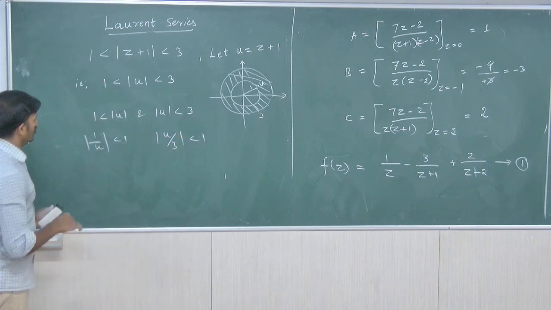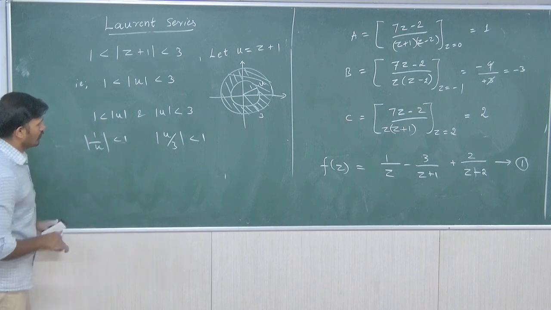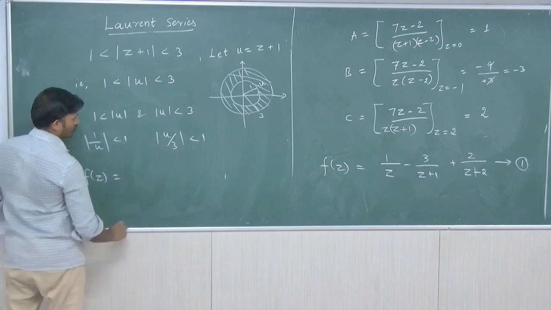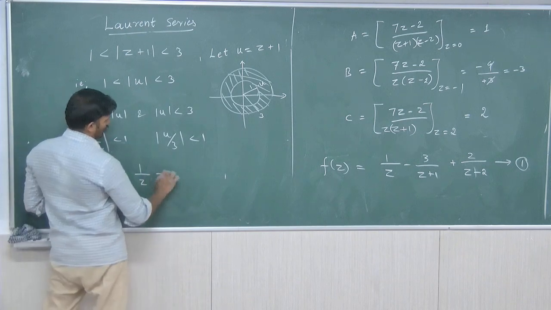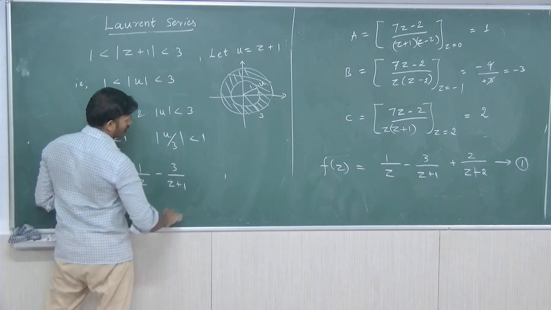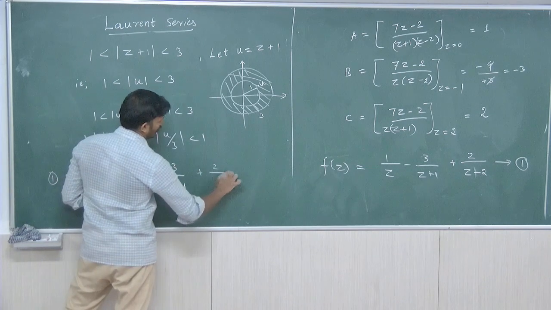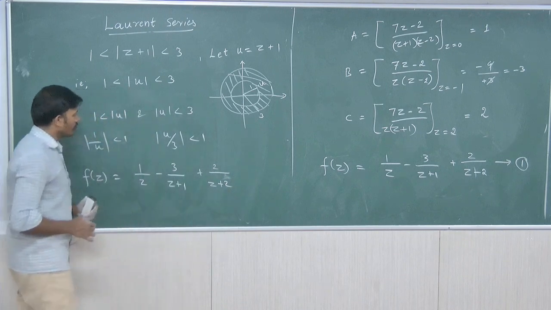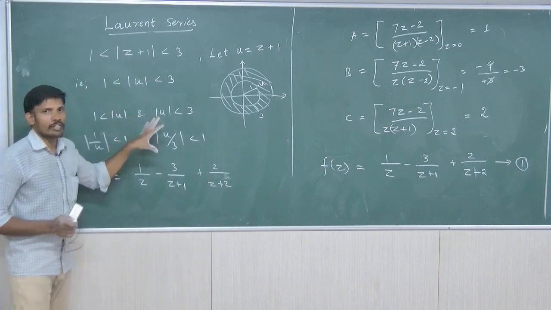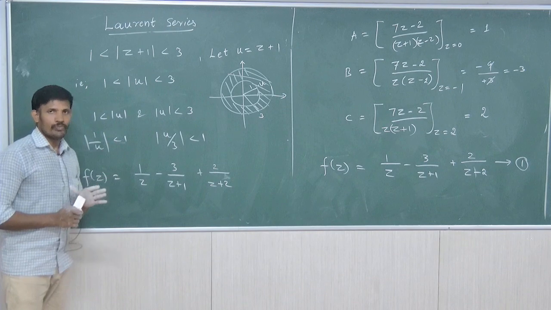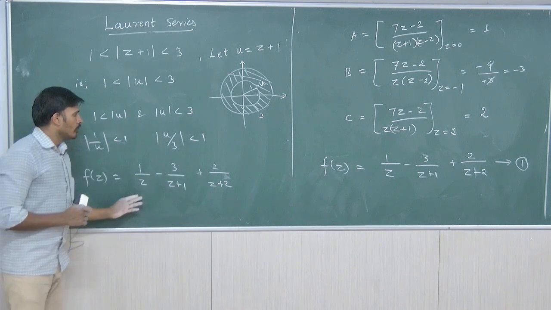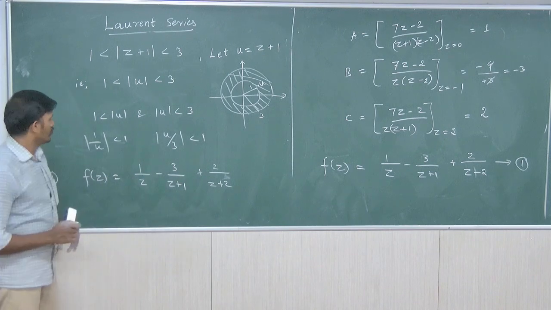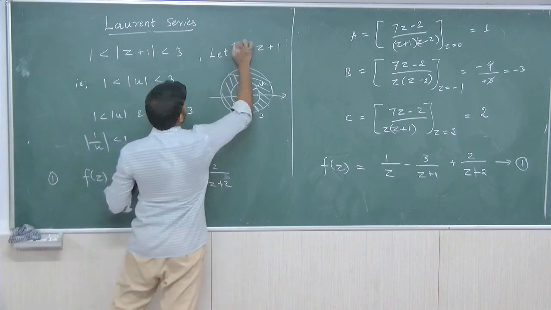Now I am going to rewrite from 1. So f of z equal to 1 by z minus 3 by z plus 1 plus 2 by z plus 2. Only we have calculated the inequality in terms of u. So for that, better try to change from z to u with the help of this assumption.